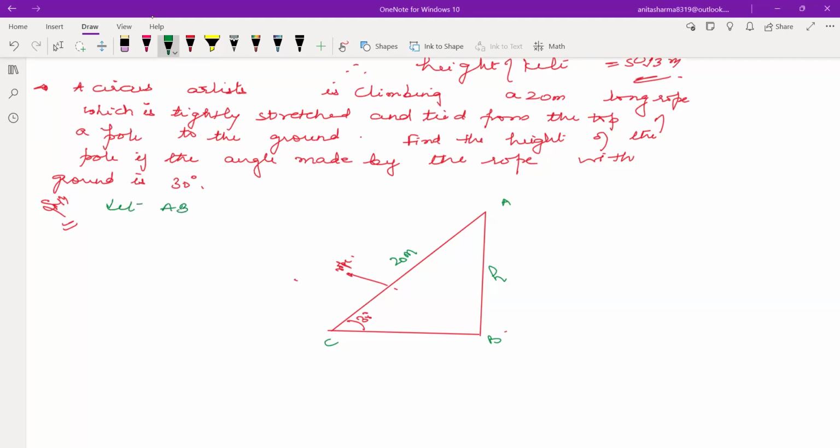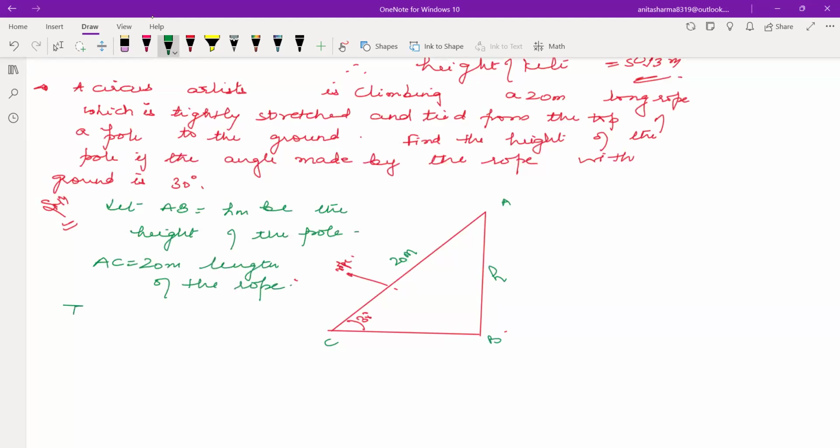Let AB is equal to H meter be the height of the pole, beta, and AC is equal to 20 meter is the length of the rope, or you can say string. Now, in triangle ABC, what do we have to find?